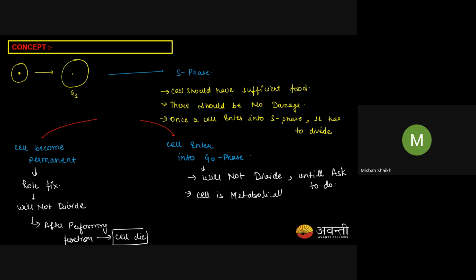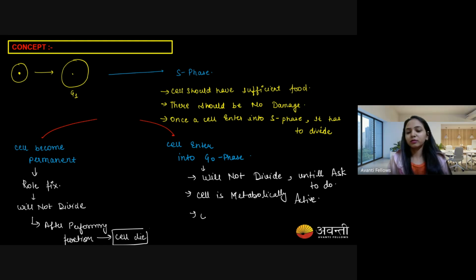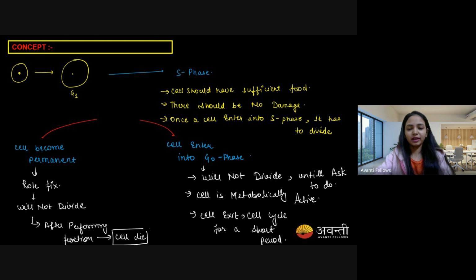So it means in this phase, the cell is metabolically active. So what is the cell doing? The cell exits the cell cycle for a short period, for some time, getting away from the cell cycle.